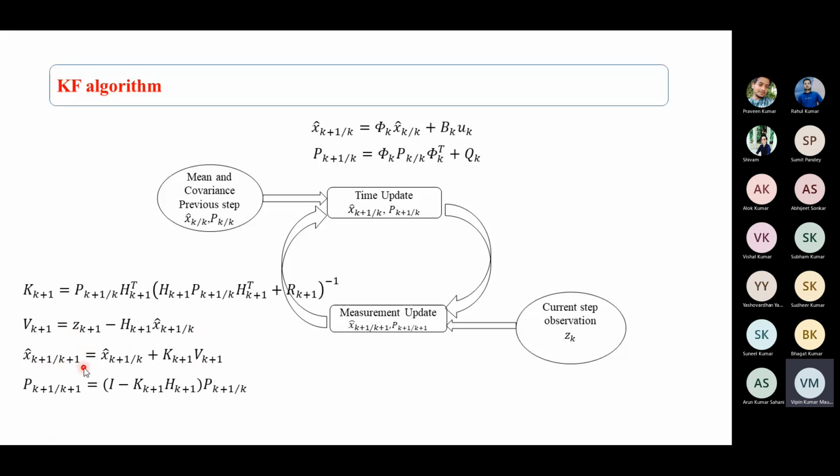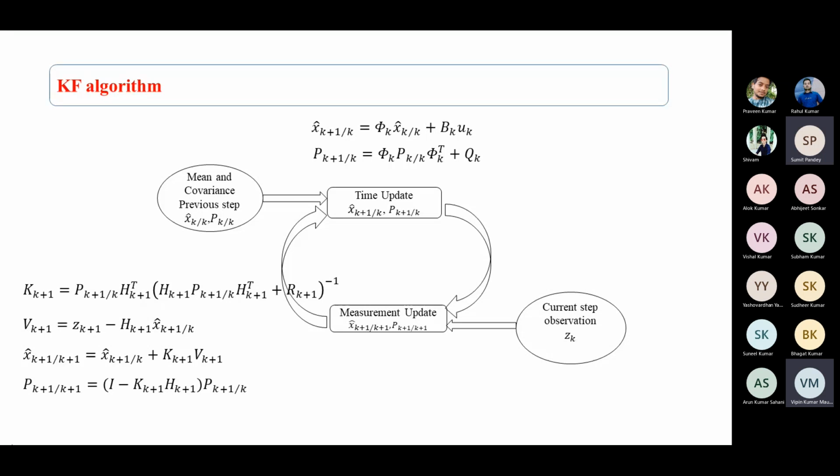Sir, what does this x cap suffix k plus 1 oblique k plus 1 stand for? xk we are calling the state vector. It tells you what value we have, what epoch it belongs to, and on the basis of what observations.